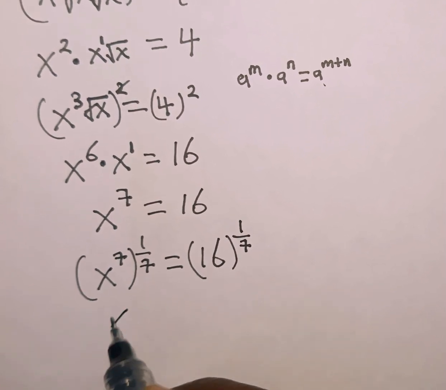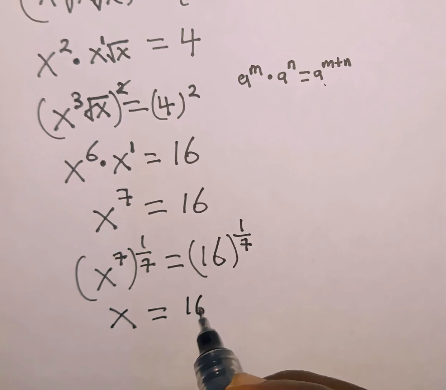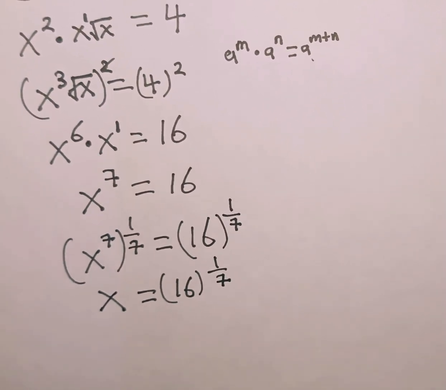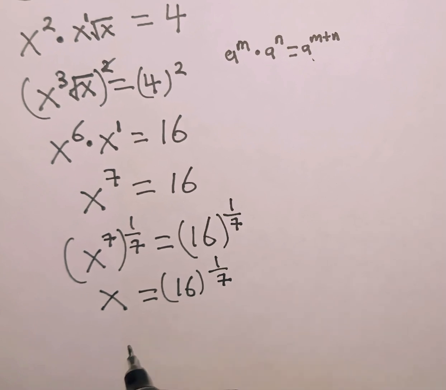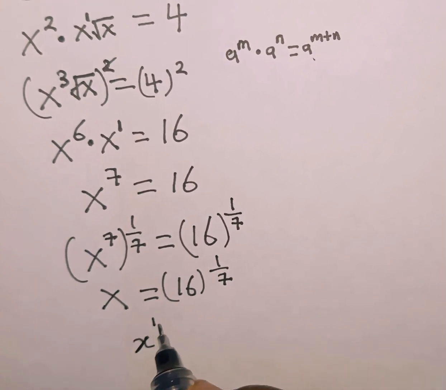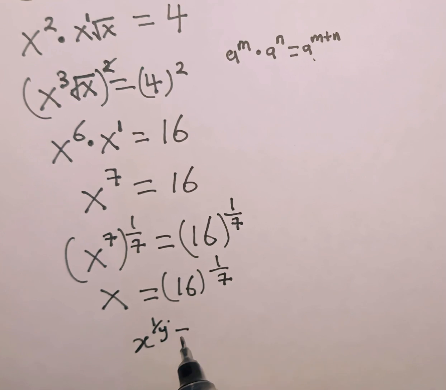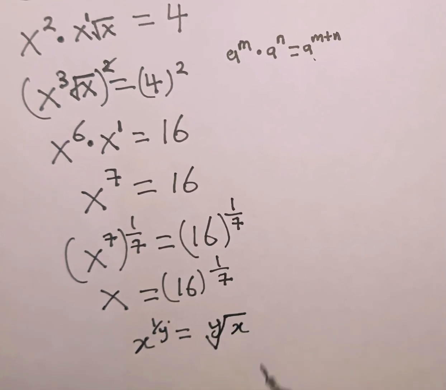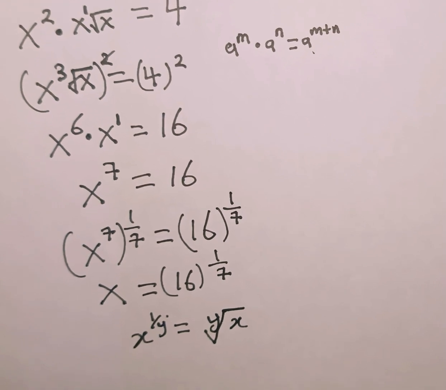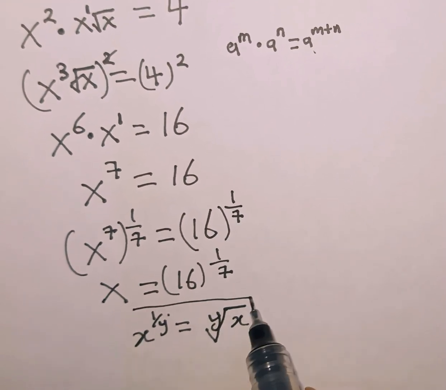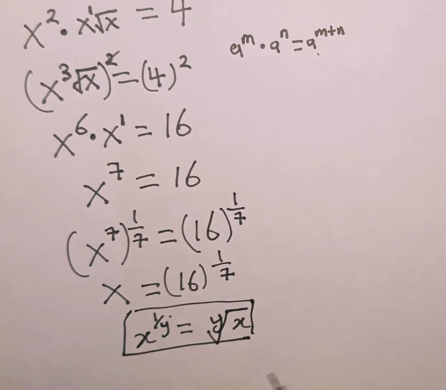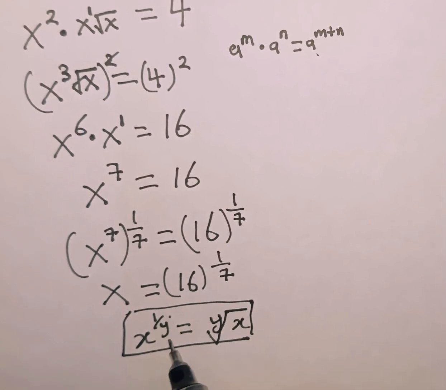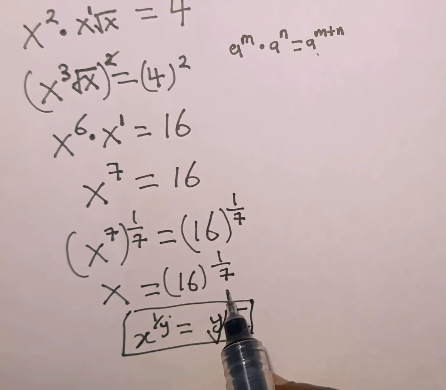x to the power of 1 is the same as x, which is equal to 16 raised to the power of 1 over 7. So from here, we are going to recall that when we have x raised to the power of 1 over y, this is the same as the y-th root of x. This is one of the properties of indices again. This property we are going to apply to the right hand side of this equation. As you can see, this is in the form of x to the power of 1 over y, 16 to the power of 1 over 7.